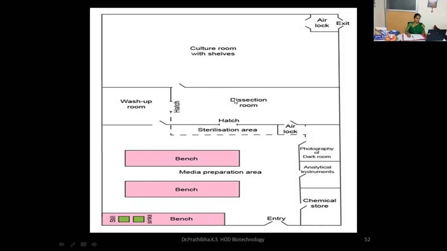In the laminar airflow, there will be two tube lights. One will be the UV light, the other one the ordinary tube light. While working, you must switch on only the ordinary tube light. Before you begin the work in the laminar air chamber, the UV light must be on for 15 to 20 minutes.